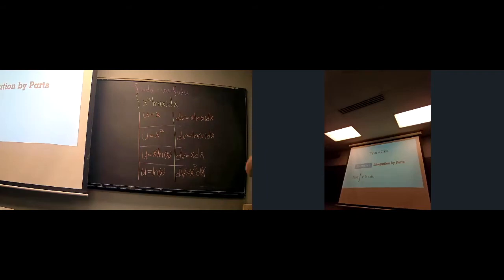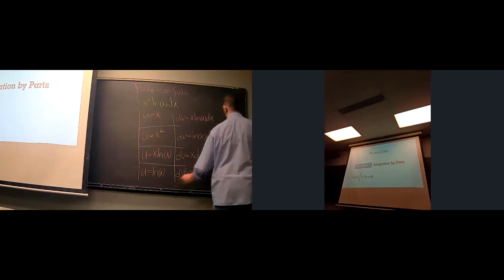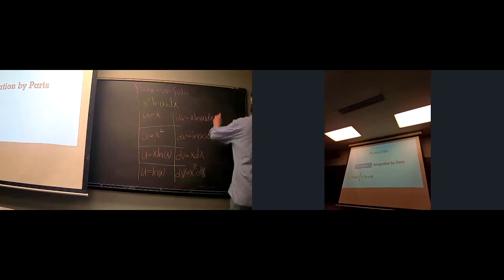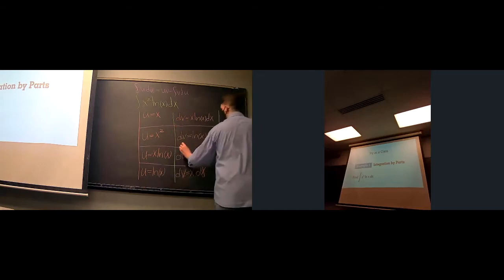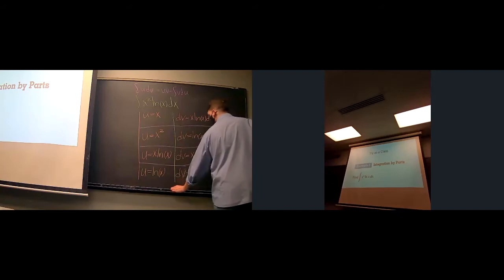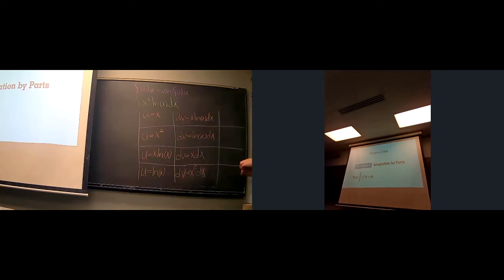Okay, now this is where I think the trick is to solving these problems: recognizing what to do once you've started identifying these possibilities. Once you have your dv's, try to stick with a dv that lets you get your v pretty easily.